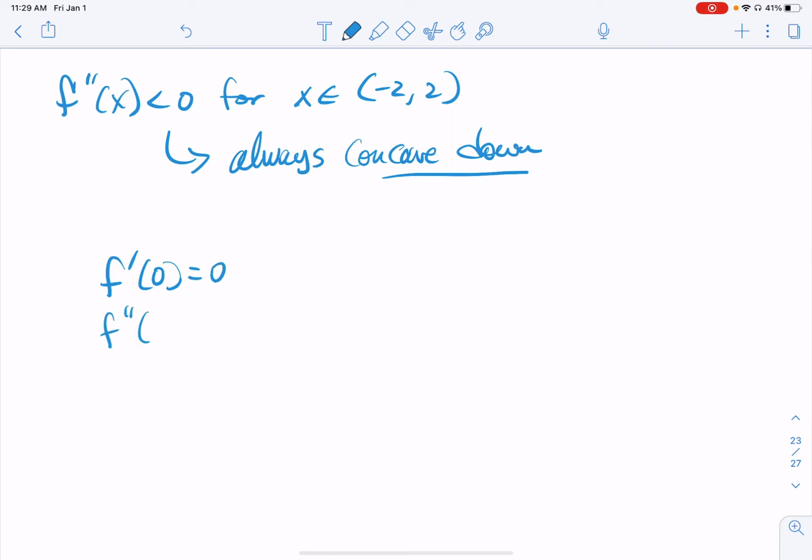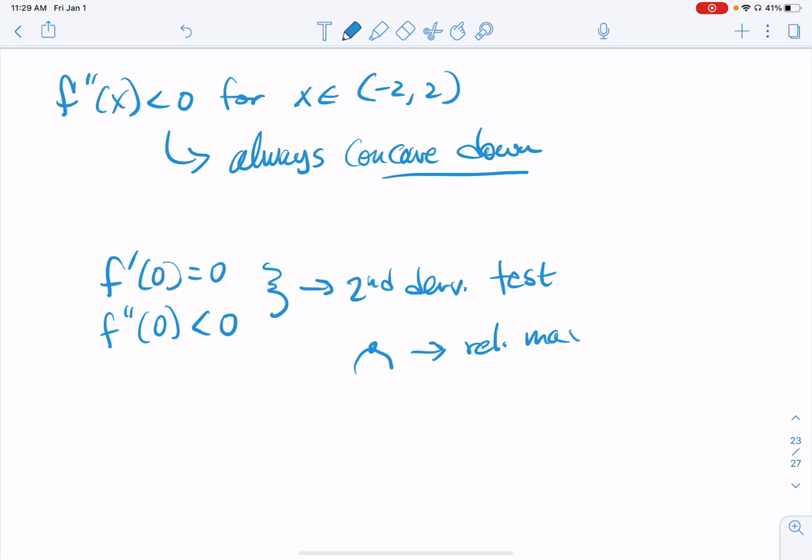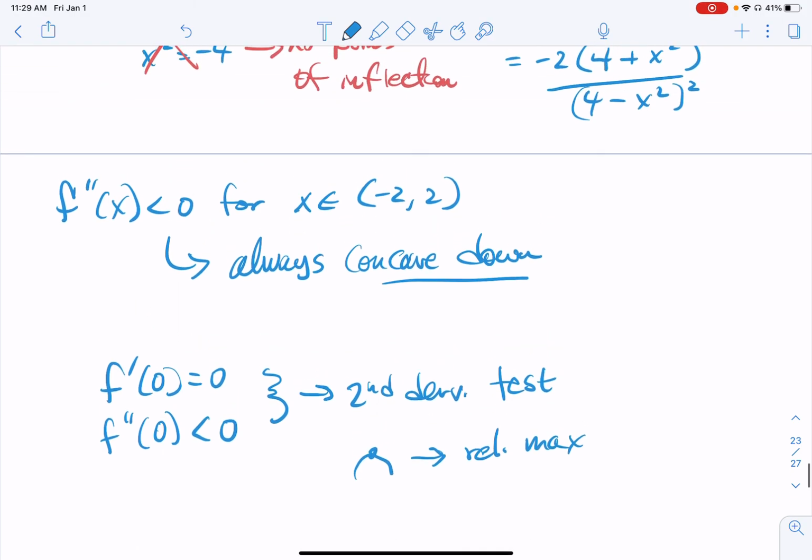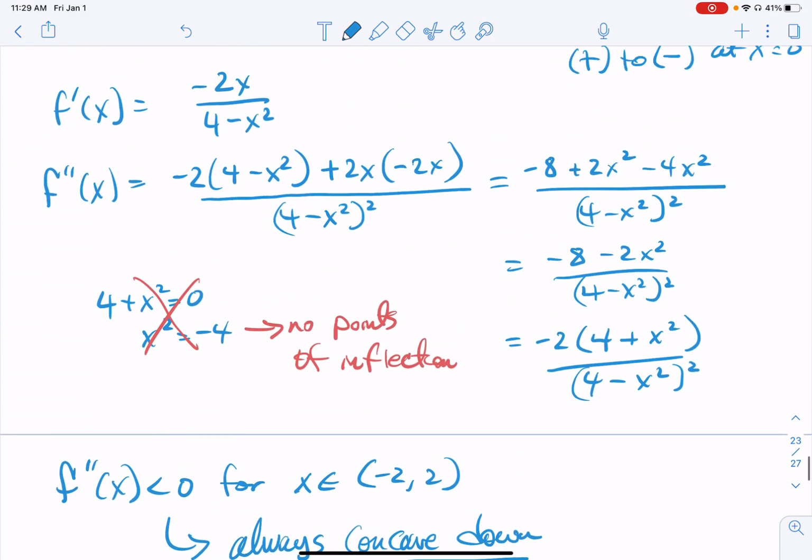F double prime of 0 is negative. This is a second derivative test. And this means it's concave down, and you have a critical number. That is a relative max. I didn't have to do that, of course, because we already knew that. Just putting these pieces back together for you.